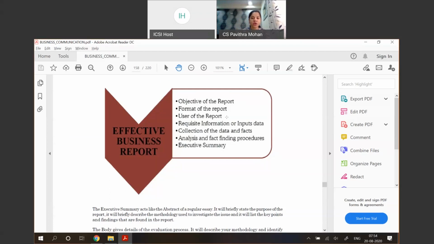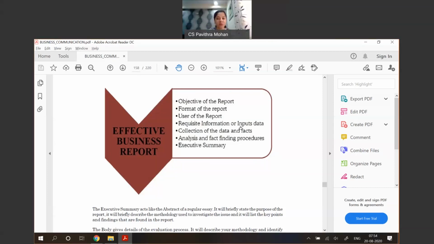Okay, the user of the report: always keep the user of the report in your mind, and prepare the report for their understanding and information. Then requisite information or input data: if you want any analysis or survey to be done, you can request information or input data from various other departments. Then collect all the data and facts required, and after that start the analyzing and fact finding procedure.